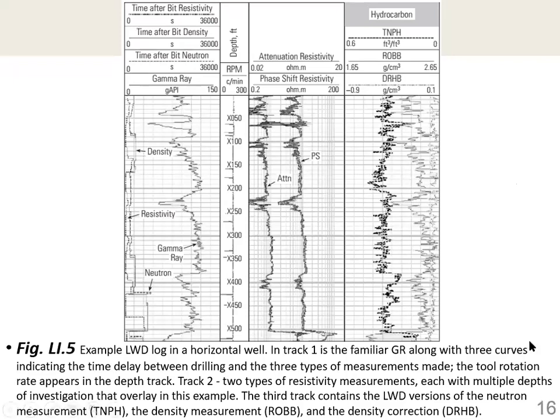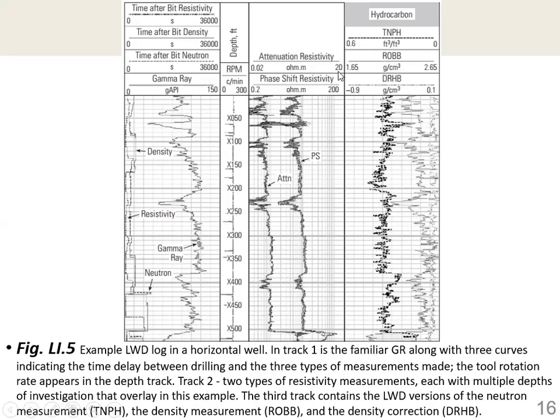So on this track, and this log display, this is actually from a log taken while drilling was on. You would see here towards the top this is the density correction curve. This is the bulk density.